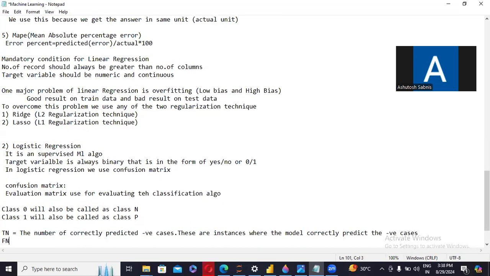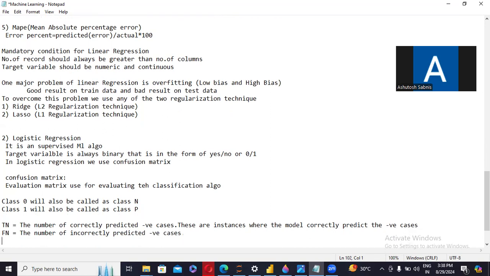So what is FN? FN is false negative, the number of incorrectly predicted negative cases. Okay, and now FP is false positive, the number of incorrectly predicted positive cases.